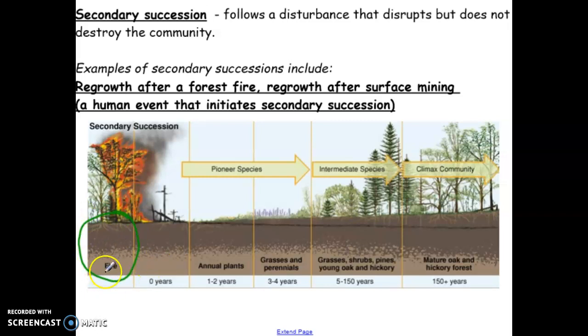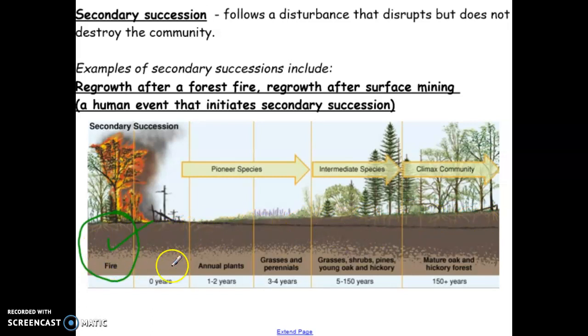It already has decomposers. There are already living things in this area. So the process is actually the same process. You have your pioneer species, intermediate, and climax community. The main difference is you now have life already here at the start. So this process is much quicker.